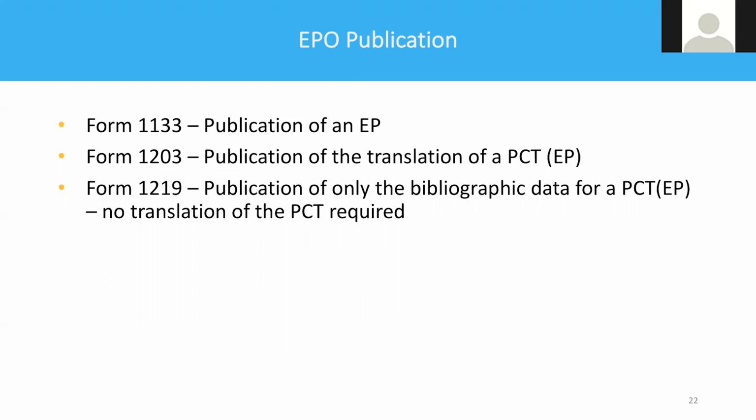I'm assuming in the United States, the Form 1203 is probably not relevant to most of our clients or most of the applicants. We just want to remind you again that in Europe, this publication of the application is separate from the publication of the search report that we've already discussed, and these are totally different things.